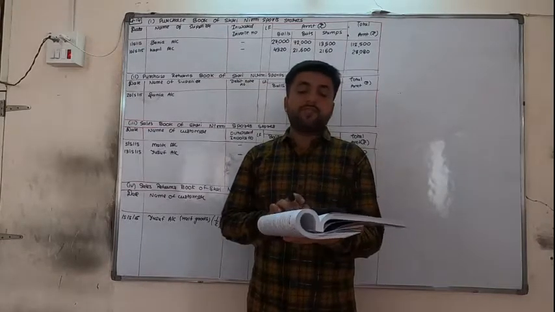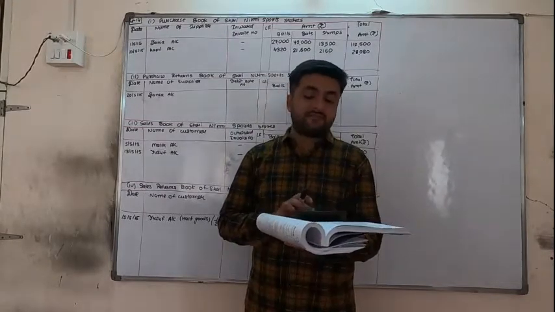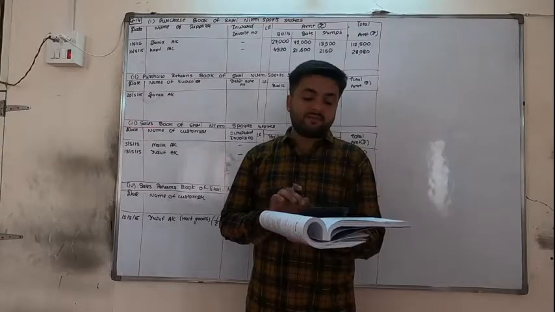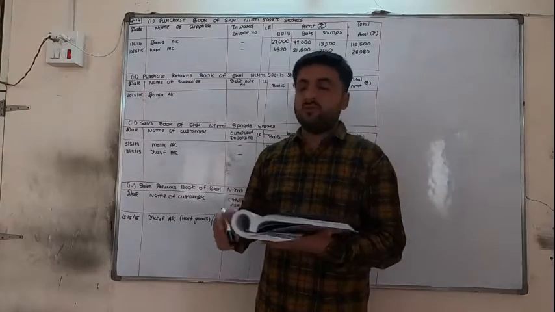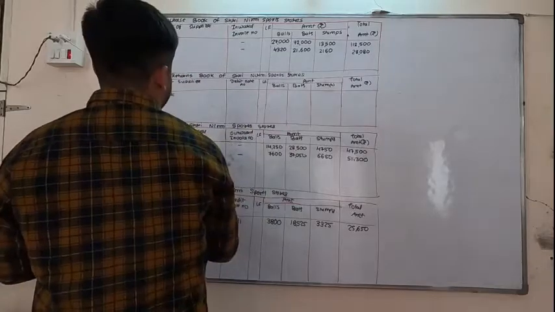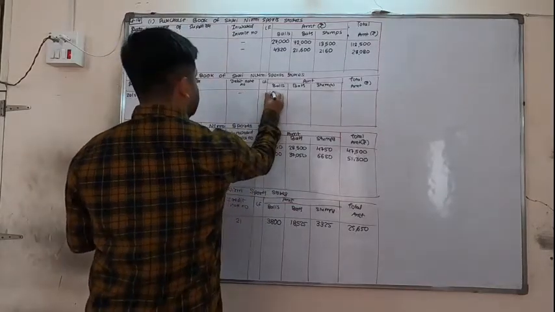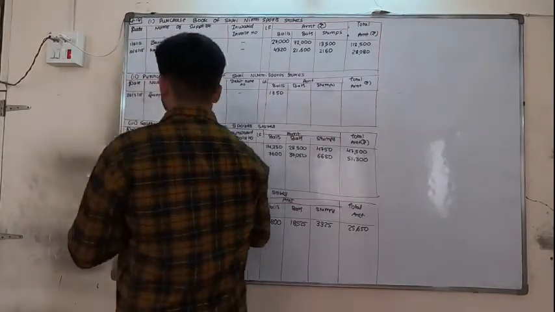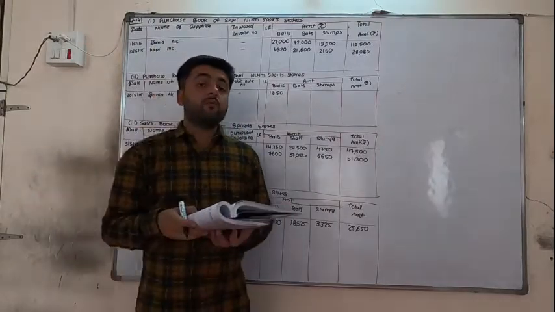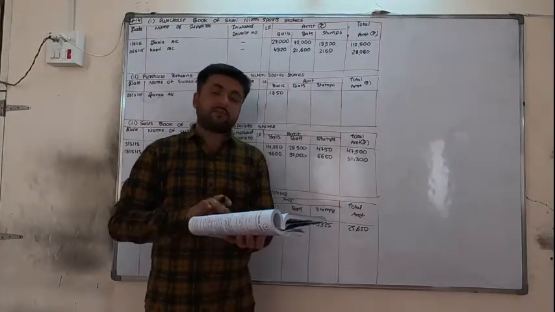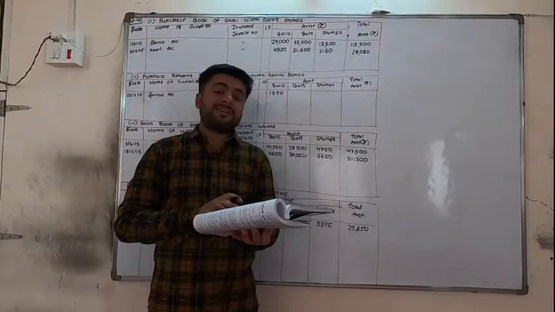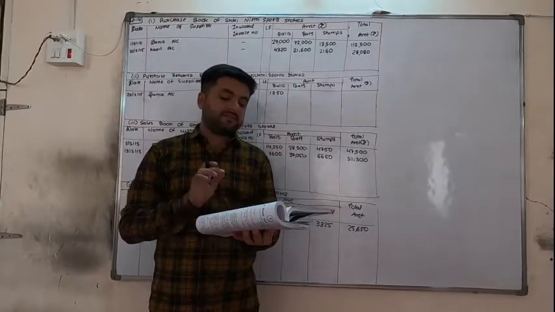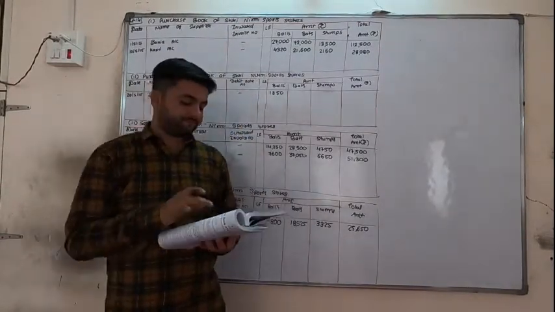The price of ball which we purchased from Sania is 150 per piece, and 10% trade discount was allowed, so minus 10%. So the amount for Sania for balls will be 1,350. How 1,350? We are returning 10 balls. Price of each ball from Sania is 150 minus 10% trade discount, so 1,350.